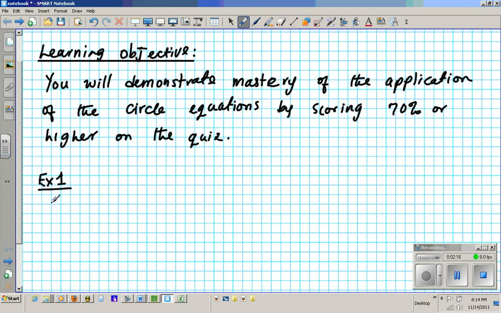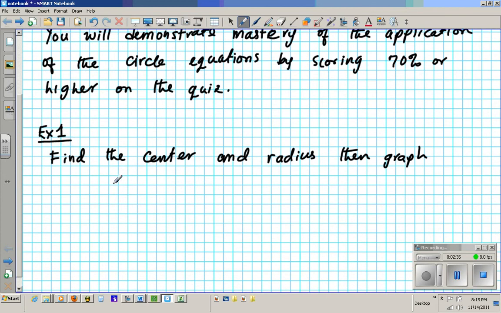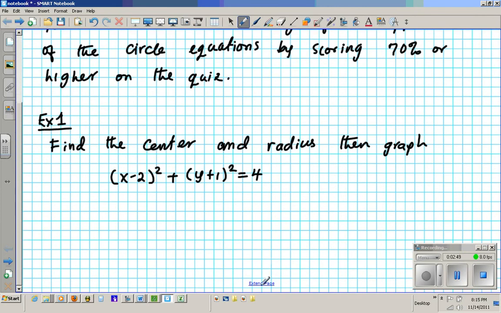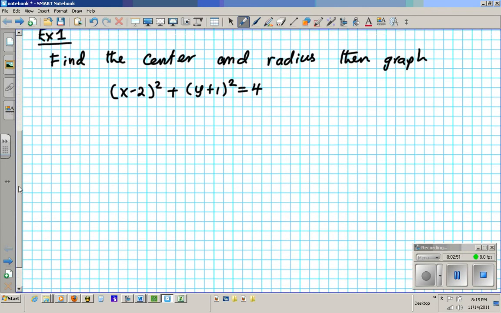Example 1, find the center and radius, then graph the equation x minus 2 squared plus y plus 1 squared equals 4. You write this down. We're going to find the center and the radius and then graph.